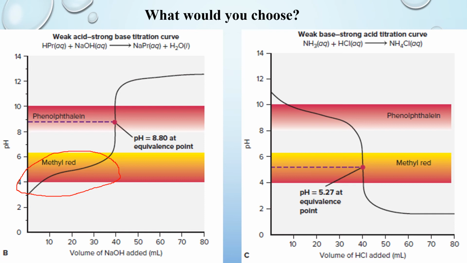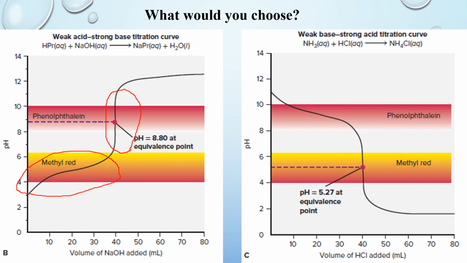So you can see the pH change during this region is not very rapid with the addition of the strong base. However, when it's near the equivalence point, the change of pH is very rapid with the addition of NaOH.